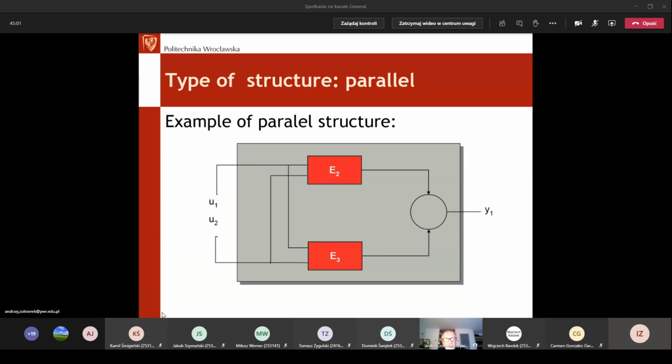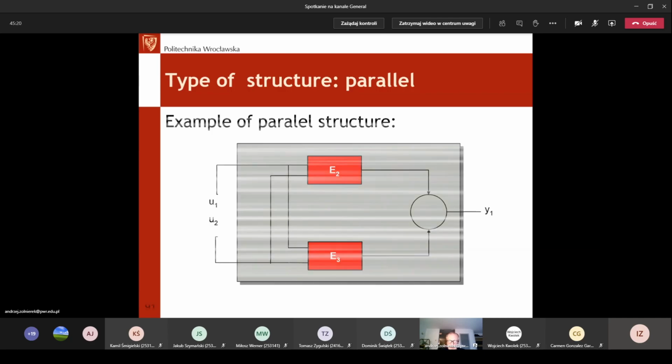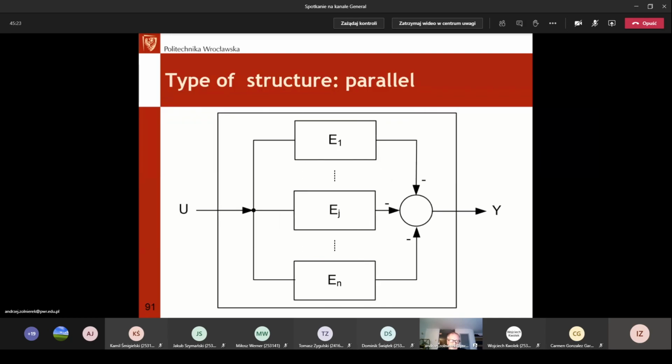Each of them has two inputs and one output, and these inputs are put to these elements, and the output is summed by a summing junction, as you can see on this slide. Of course, this structure could also be considered for SISO elements, and the solution would be like you can see here.